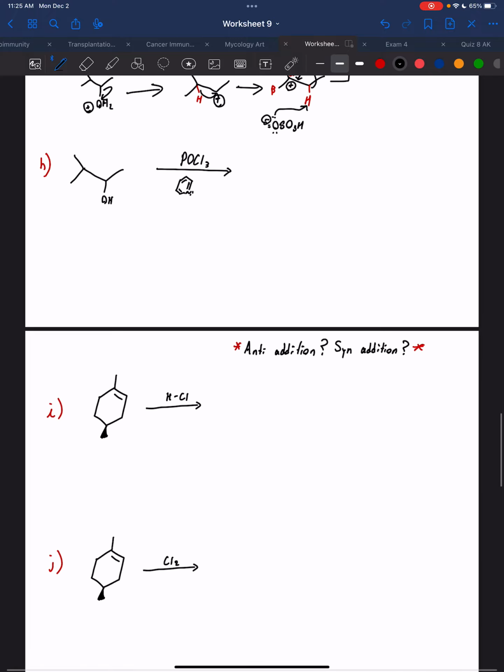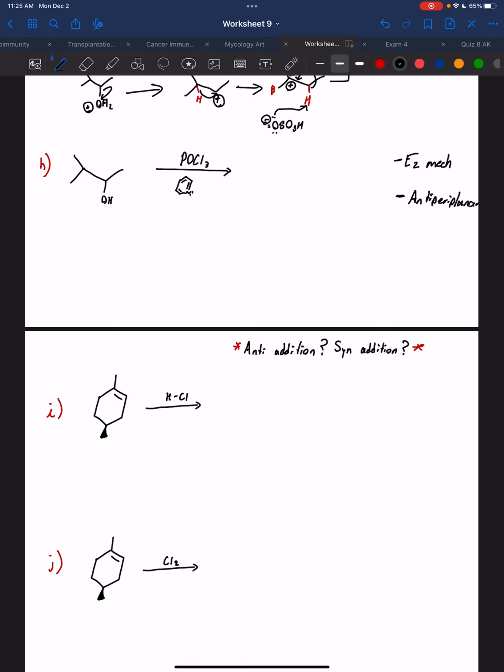amount of carbons. Next one, POCl₃ and pyridine. So this one is a forced E2 mechanism. That means you don't need to look out for rearrangements, but you do need to look out for antiperiplanar arrangements.